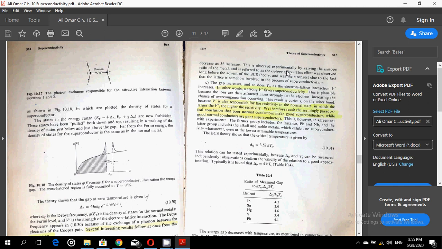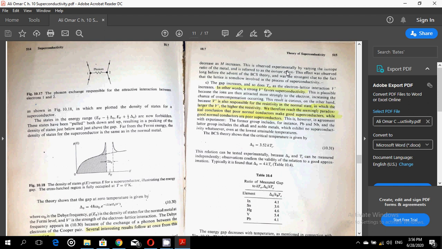The former group includes, for instance, lead and niobium, and the latter group includes the alkali and noble metals, which exhibit no superconductivity whatsoever, even at the lowest attainable temperatures. So, as we mentioned before, alkali and noble metals do not show superconductivity. Here is the explanation for that.